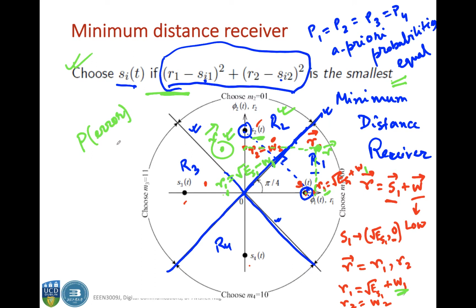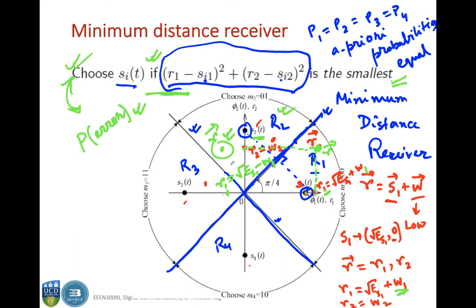Or in other words, if I want to reduce the probability of error, I get this optimum decision rule. So they both are related to each other. And this is true for binary, for multi-level, for any type of digital communication. This is for QPSK, and right now I am discussing QPSK with you.